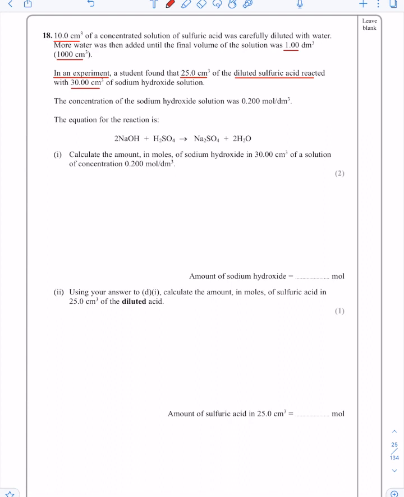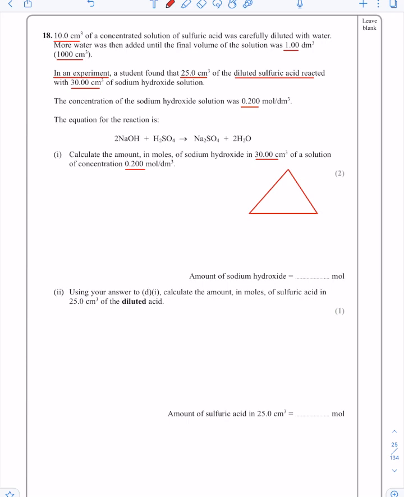The concentration of sodium hydroxide solution was 0.200 mole per cubic decimeter, and the equation for the reaction is 2 mole of sodium hydroxide plus 1 mole of sulfuric acid gives 1 mole of sodium sulfate plus 2 mole of water. Question I. Calculate the amount in moles of sodium hydroxide in 30 cubic centimeter of solution of concentration 0.200.